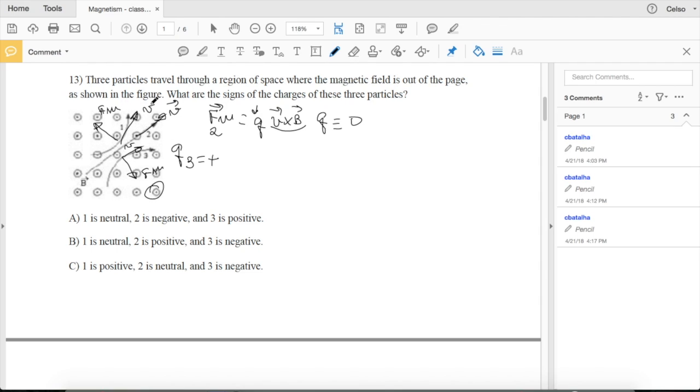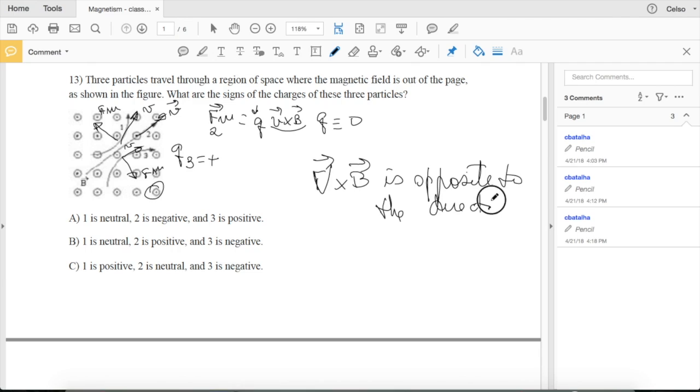V cross B for the particle 1 is opposite to the direction of FM. So just do it with your right hand.